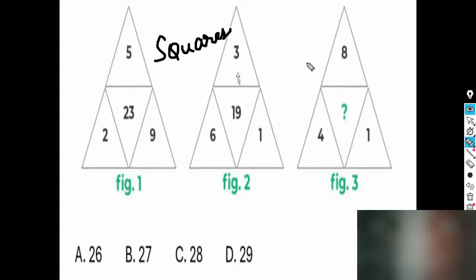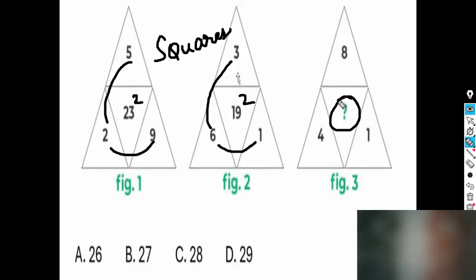Okay, I'll give you a small clue. 23 squared is 529. 5, 2 and 9, that is 23 squared. 19 squared is 361, 3, 6 and 1. So in the same way, what will come in place of the question mark? That is the question.